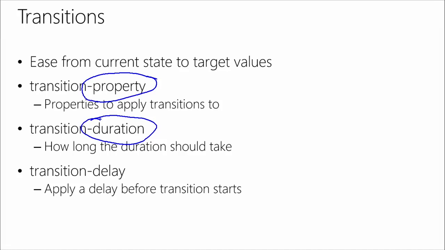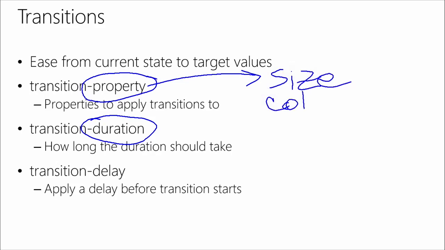I can still set the exact same key value properties, like background-color: yellow, or size, and do all of that just like I would with normal CSS. Then I just come down here and apply that transition to that size property, or that color property, or whatever else it might be.